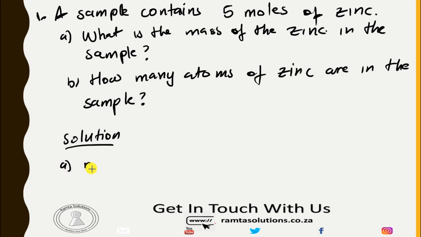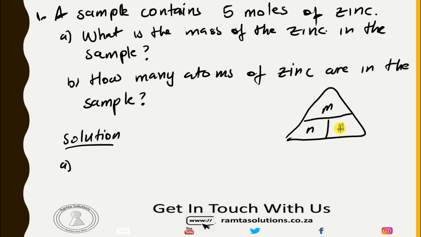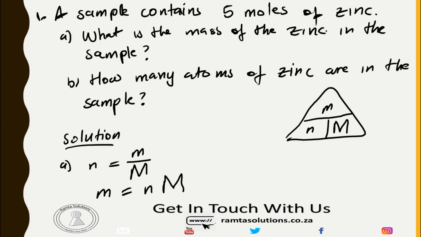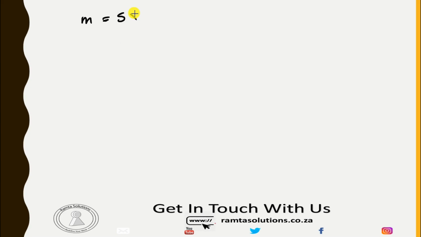Before I do that, let me remind you of that triangle. n equals small m over capital M. We are looking for the mass, therefore we can say m equals n times capital M. We have 5 moles of zinc.